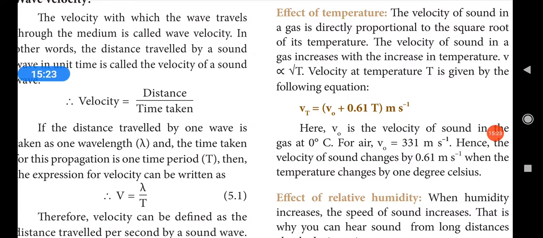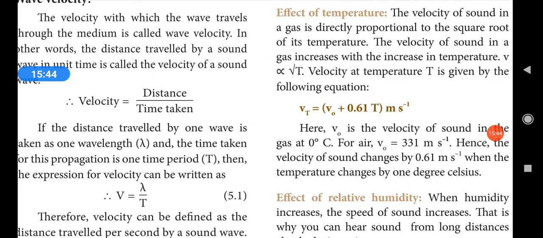So by increasing the temperature, velocity will also increase, because when you heat, the gas expands. When it expands, its density automatically decreases. So when density decreases, velocity increases.